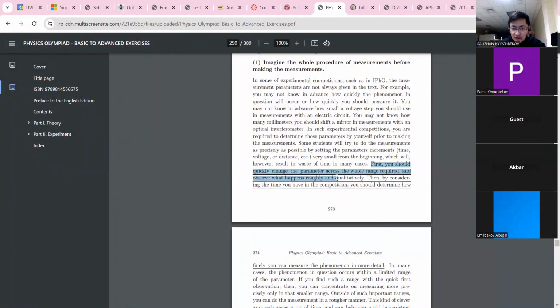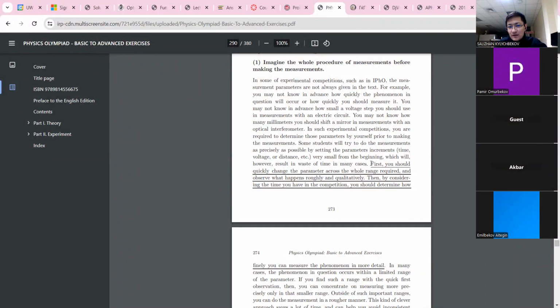First, you should quickly change the parameter over just the wide range required. Man, this is critical because in IPhO, International Physics Olympiad, or any international Olympiads, usually you are given instruments, you don't even know the range of measurements. And you don't know in which range your value of interest lies, you know. So like in the graph, where you can find that pattern.